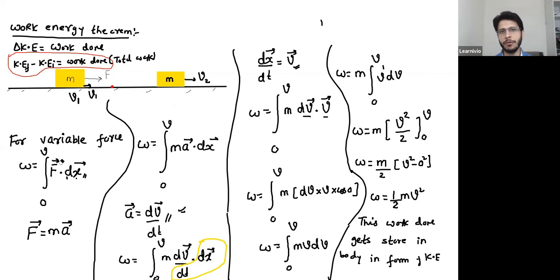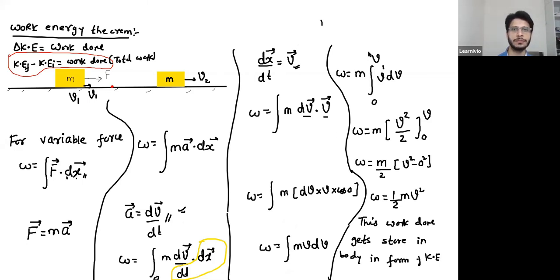The method is the same. We will calculate the work done in changing the velocity, and that work done would be equal to the change in kinetic energy. So there is just one simple change, and that change is in the limit. The entire calculation is the same. The only difference is in the limit.